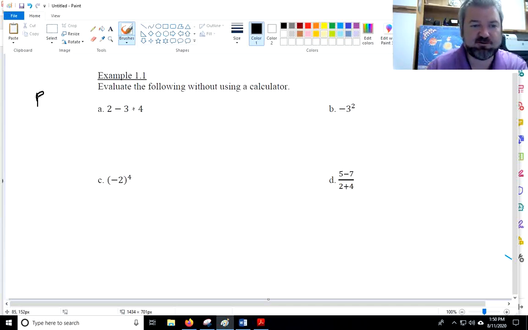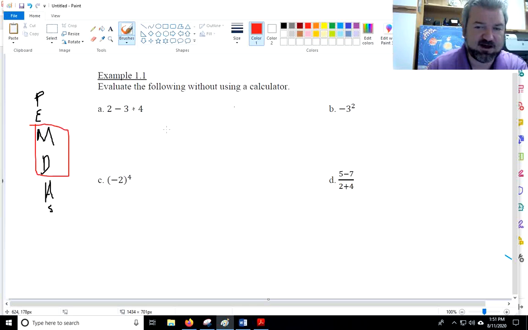So you probably heard of PEMDAS, the order of operations. But please remember that multiplication and division are ties, and addition and subtraction are ties, so it's based on left to right.